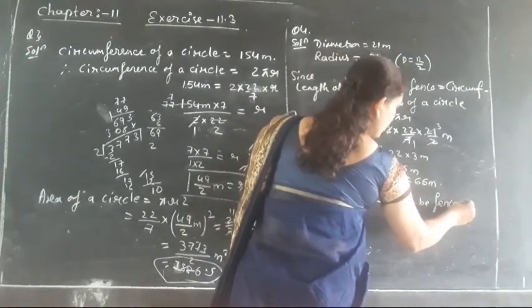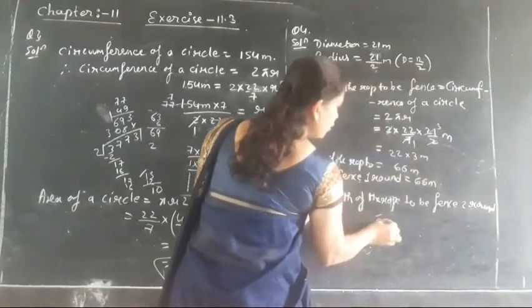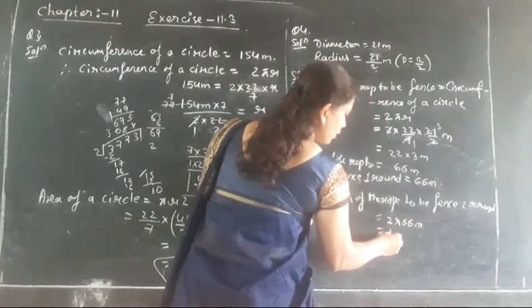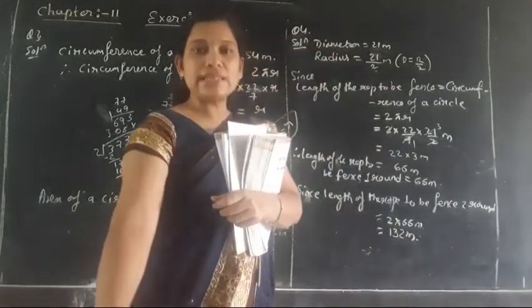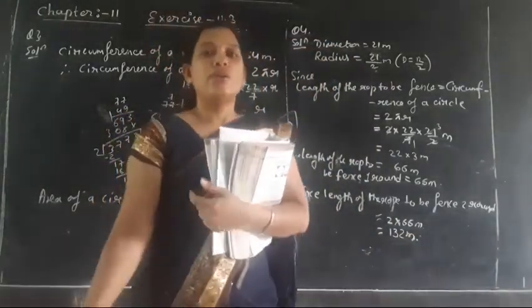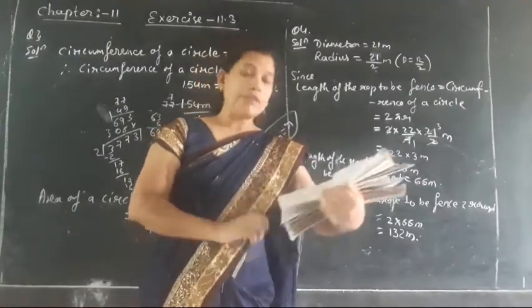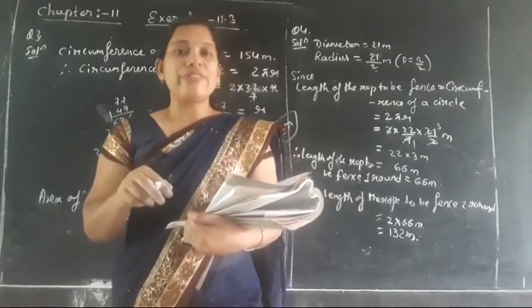How many rounds are there? 2 rounds. 2 round fence करने हैं ना, तो क्वेश्चन दिया हुआ है. So 2 into 66 meter. Now 2 into 66 meter that means 132 meter. So the total fencing, the total length of the rope will be 132 meter. Have you understood up to here why we had multiplied with 2? Because it is to be fenced twice.